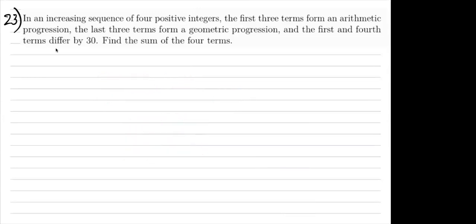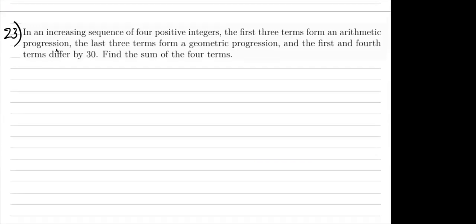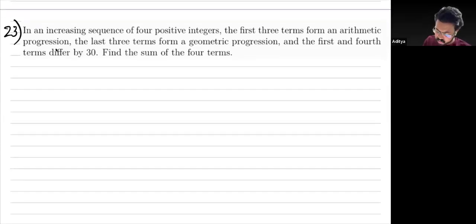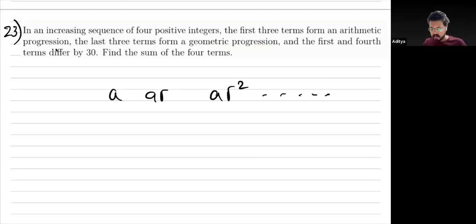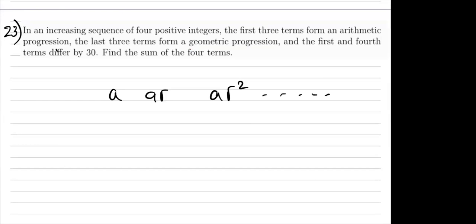So can you please say what is GP? GP is geometric progression, where terms are of the form a, ar, ar square and so on. The geometric aspect comes from the common ratio between two terms being the same.